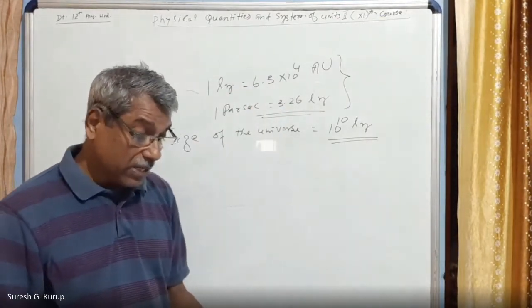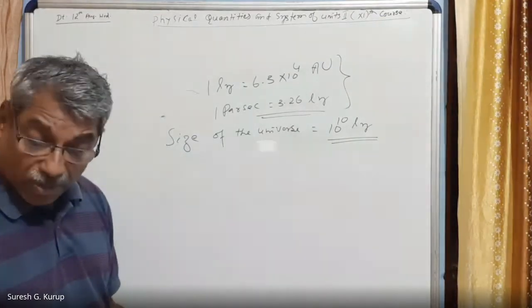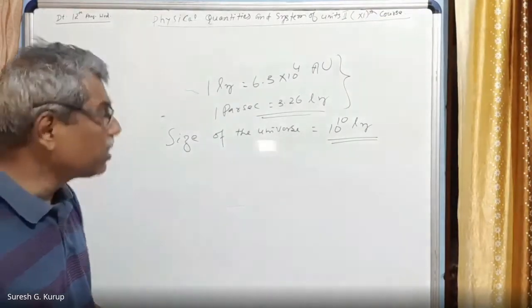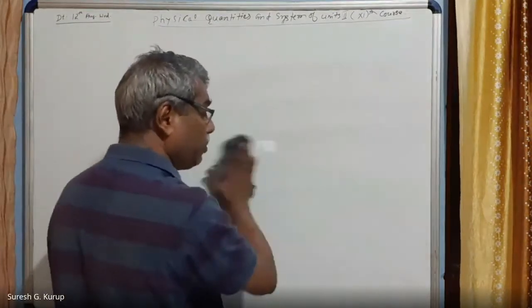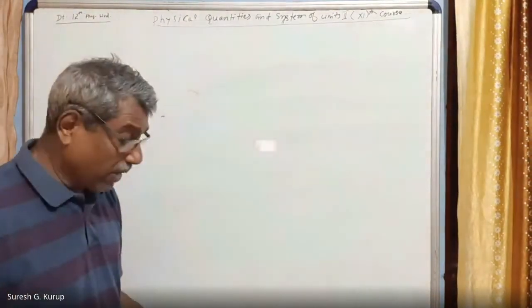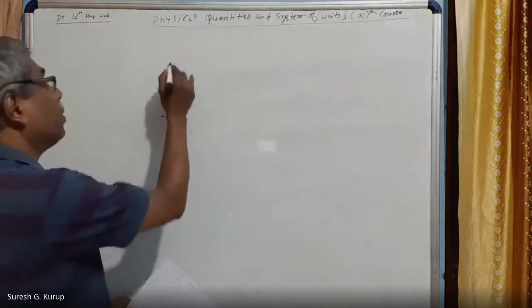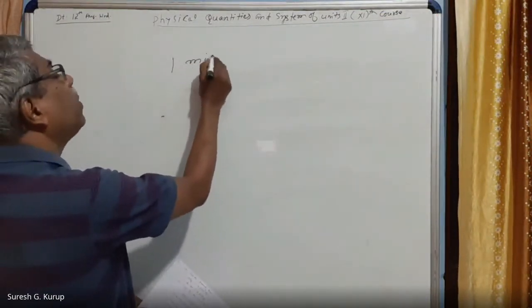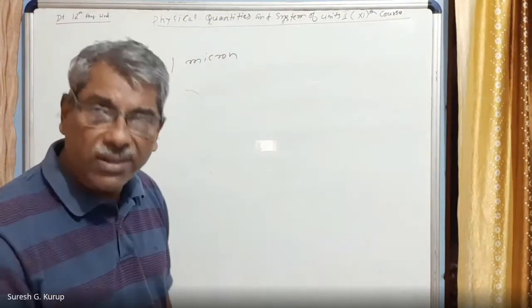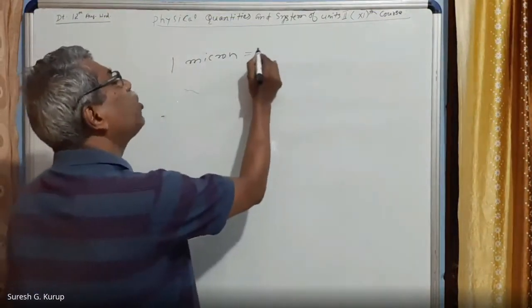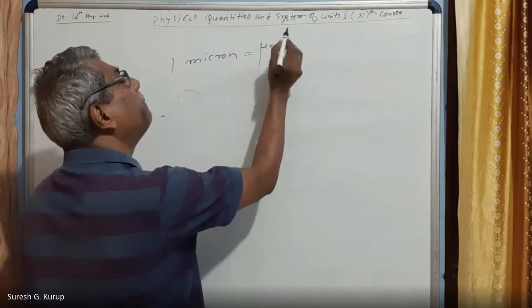Okay. Next, some units of length, the smaller units of length. Now we were discussing bigger units of length, and now I am going to discuss smaller units of length. That is 1 micron. 1 micron is also called 1 micrometer. Micrometer is denoted by mu m.